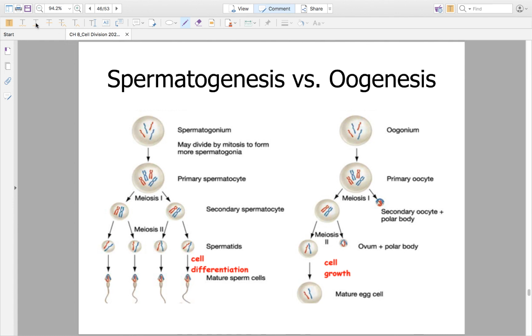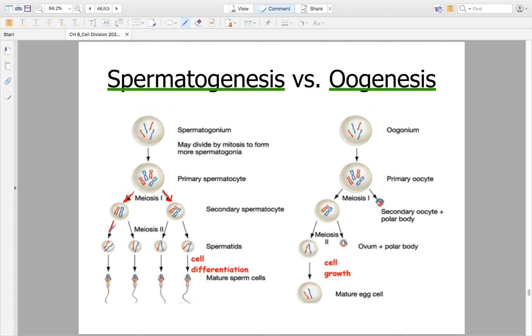Okay, so that is where spermatogenesis and oogenesis comes in. Okay, spermatogenesis is clearly when the sperm is being formed. A cell, that person's cells with the full set of chromosomes, will go into meiosis 1, split. Okay, it'll follow all of the rules of meiosis.